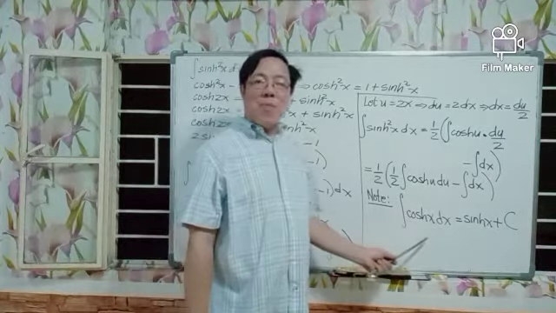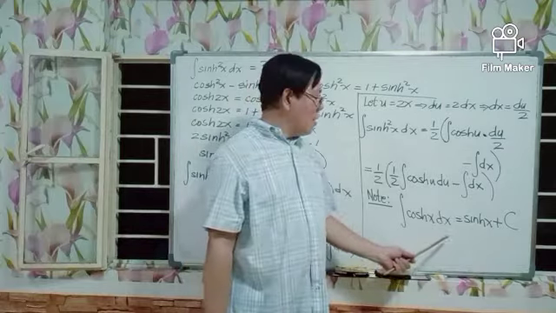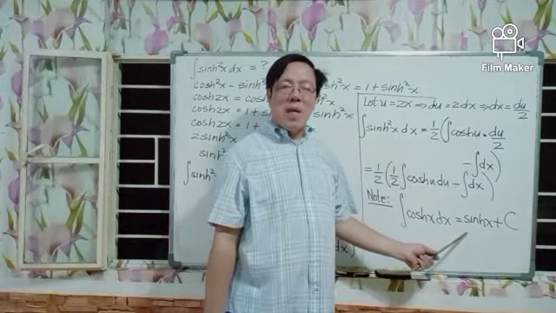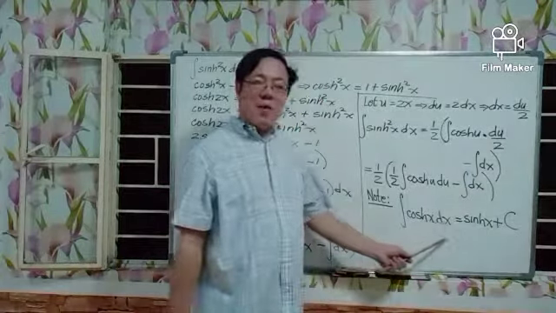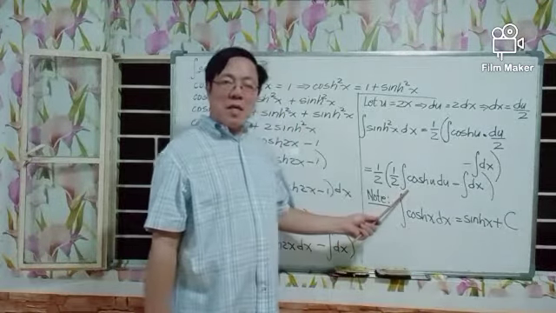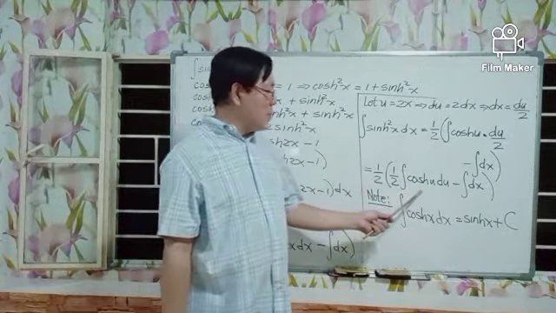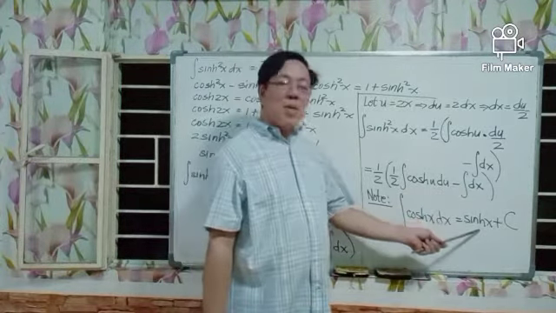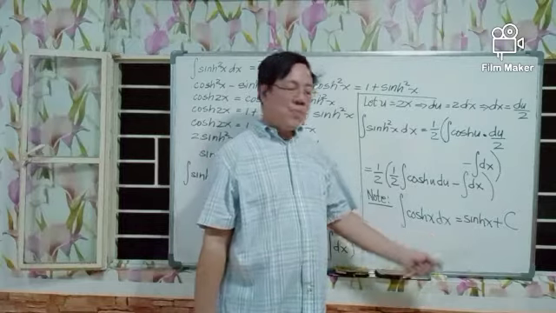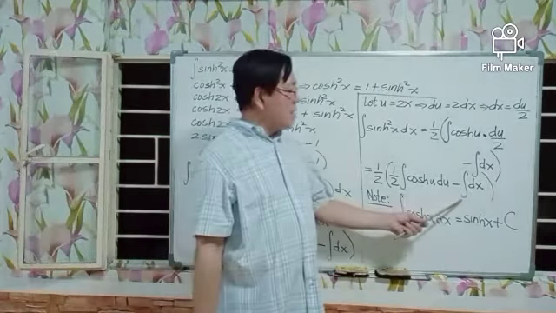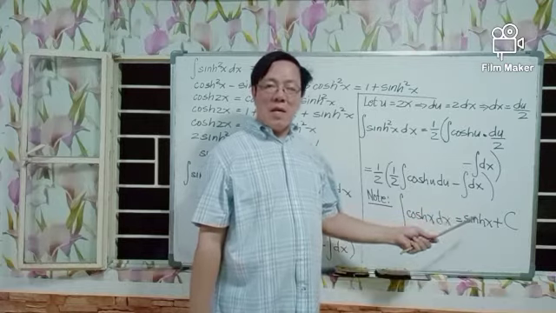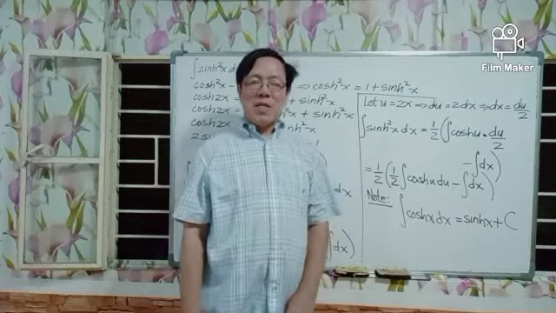The integral of the hyperbolic cosine of x with respect to x is equal to hyperbolic sine of x plus c, and we apply this formula to evaluate the integral of hyperbolic cosine of u with respect to u, and it is equal to hyperbolic sine of u, and the integral of dx with respect to x is x, and we add a constant of integration c.